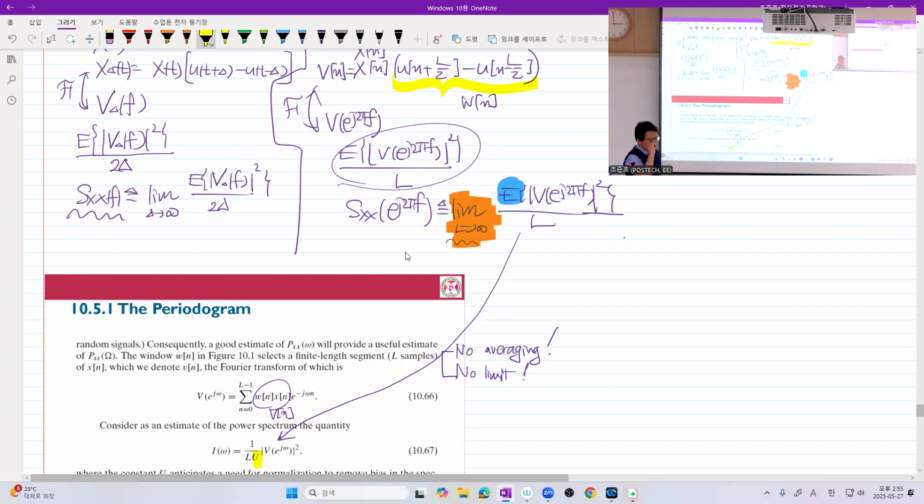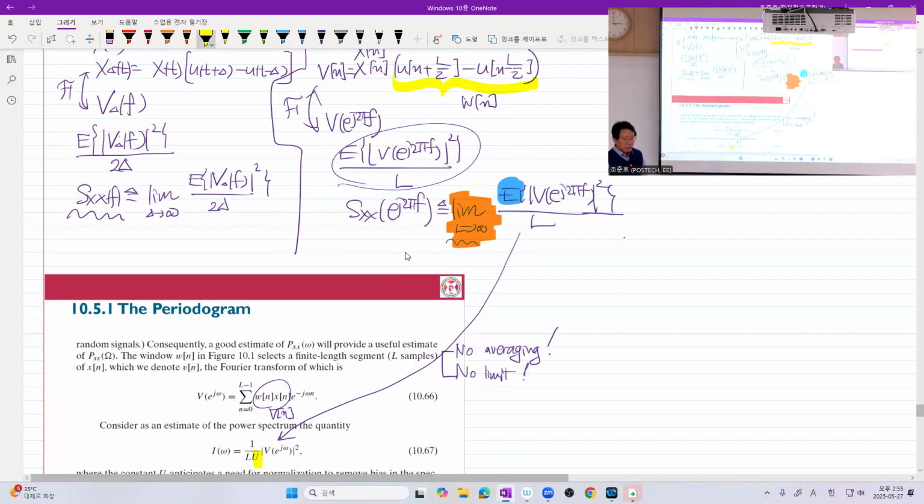When we build an estimator, sometimes we have so-called bias. And this U, a constant, is to just simply scale the entire periodogram to make it an unbiased estimate. And about the details, you can find them yourself. Sometimes we just put 1 here.